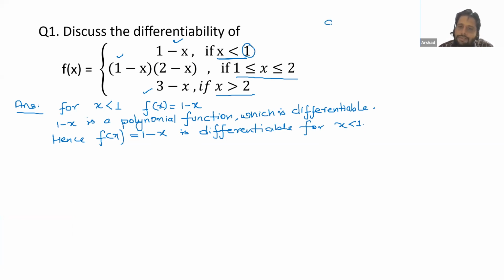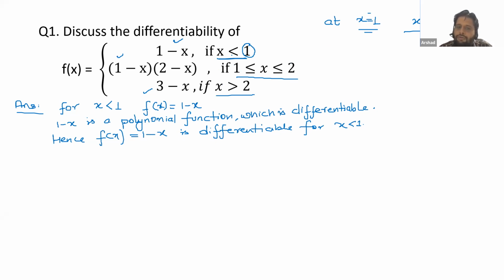So at x equal to 1 and x equal to 2, there are chances that the function will not be differentiable. Except for these two points, we will use the standard results. Other than these, we will write the standard results.